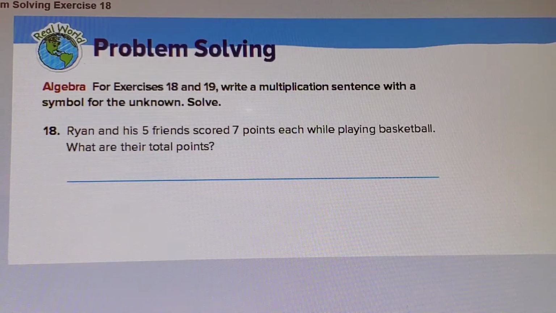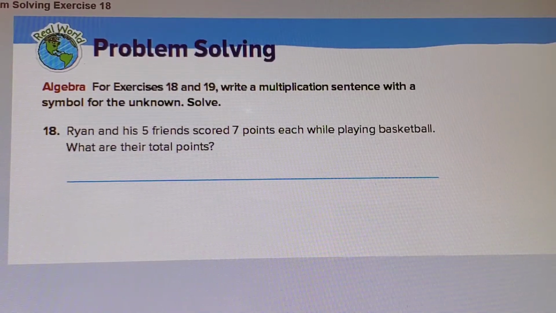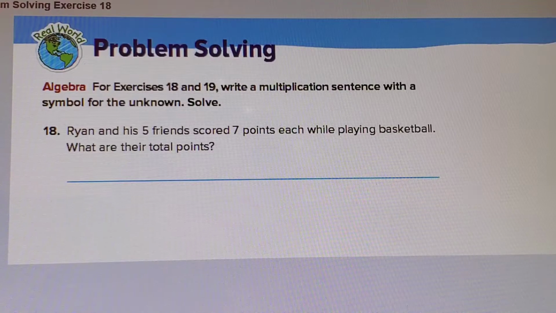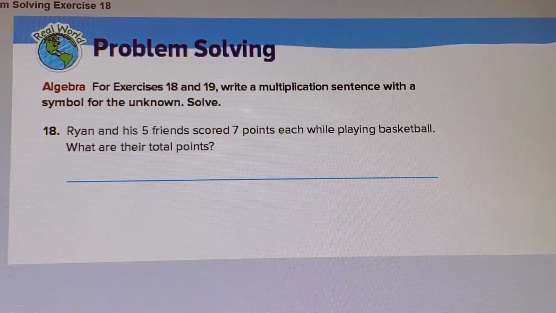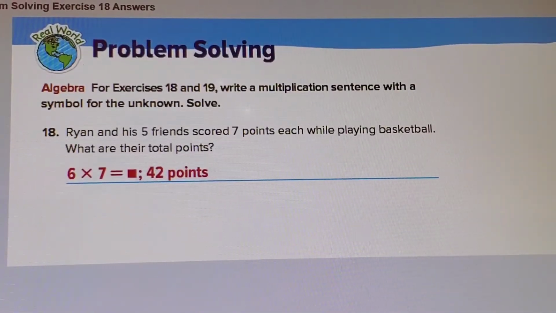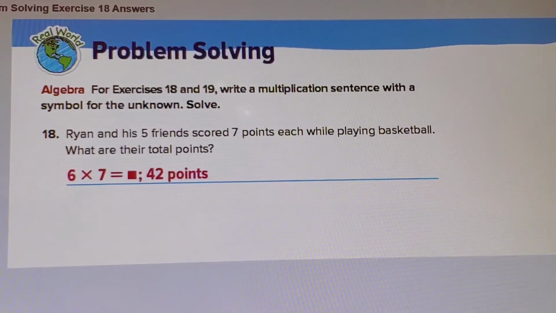Remember, it says Ryan and his 5 friends. So that would be 6 people times 7 points each equals unknown. Six times 7 equals unknown, 42 points.